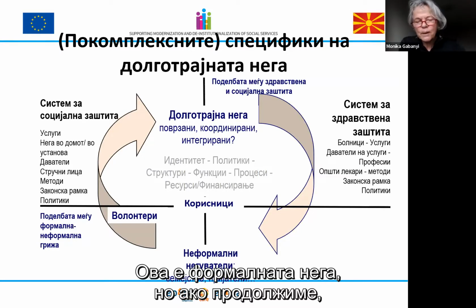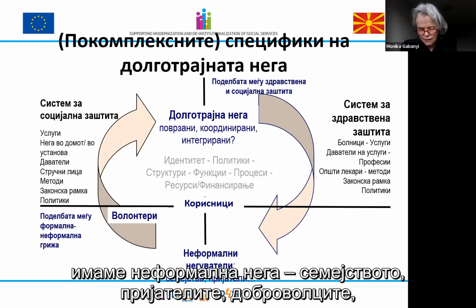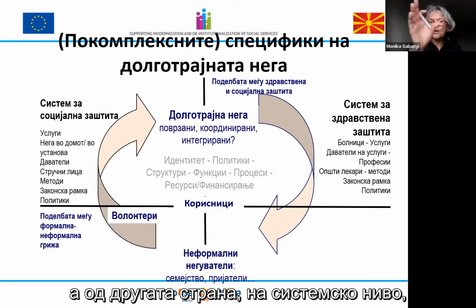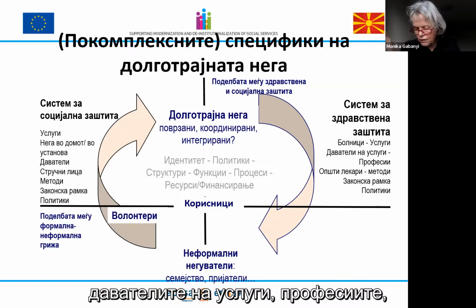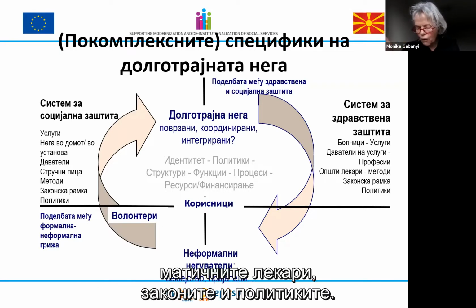But also, going down, we have the informal care: the family, the friends, the volunteers. And on the other side, on the healthcare side, we have the hospitals, the service providers, professions, GPs, methods, also the legal frameworks and the policies.